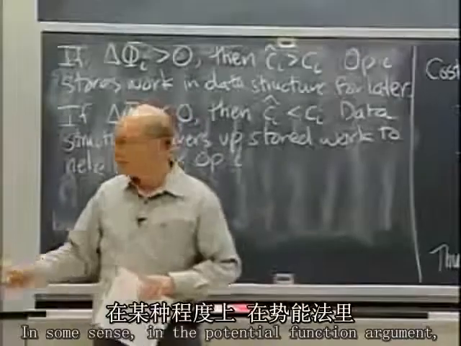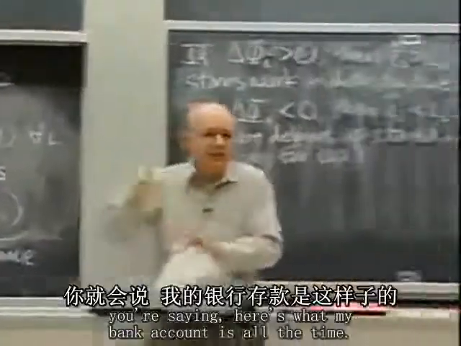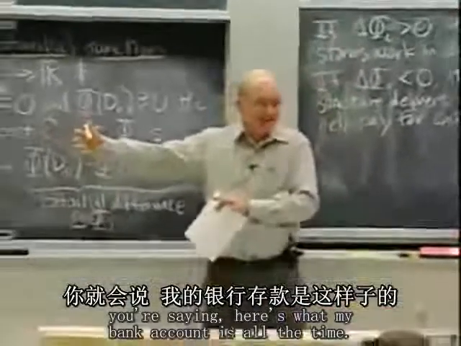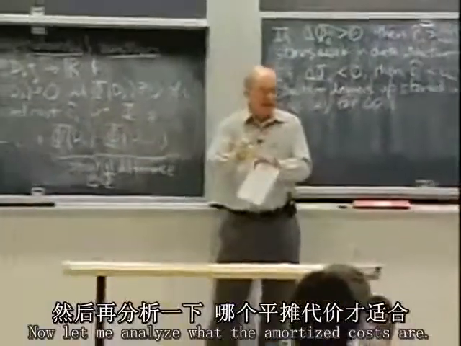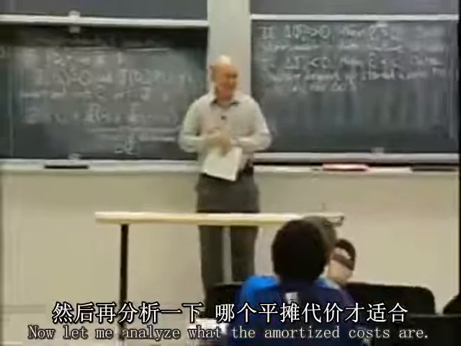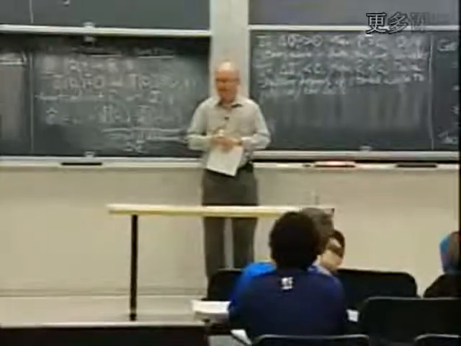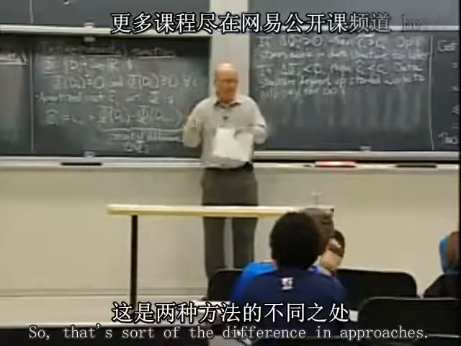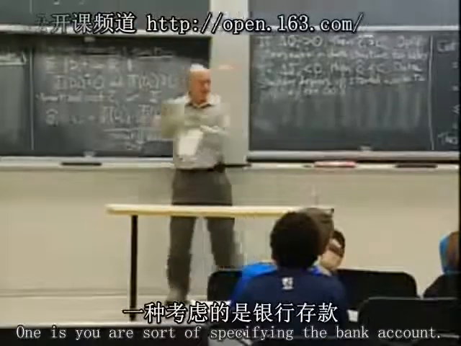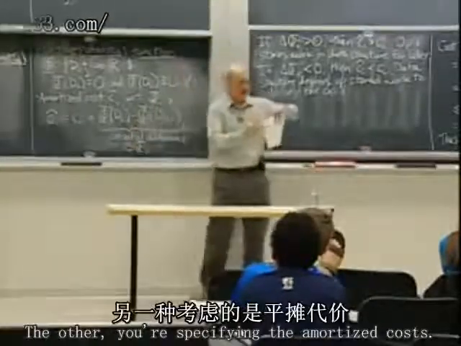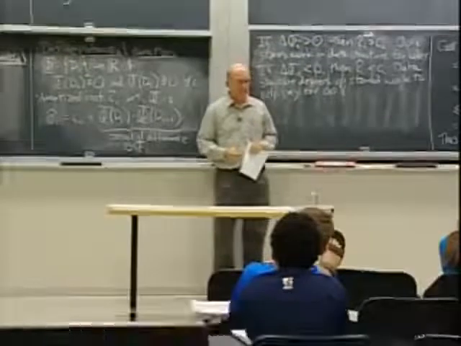In the potential function argument, you're saying, here's what my bank account is all the time. Now let me analyze what the amortized costs are. So that's the difference in approaches. One is you're specifying the bank account. The other, you're specifying the amortized costs.